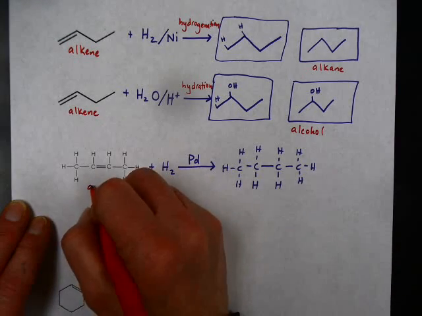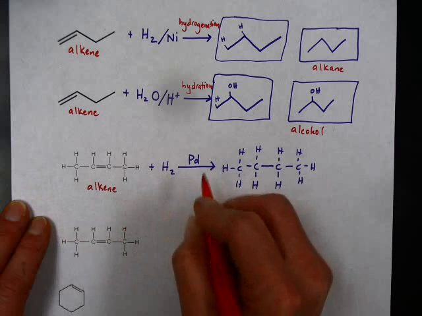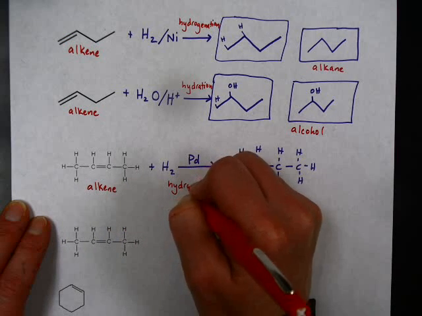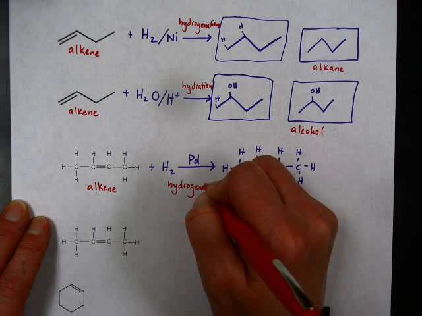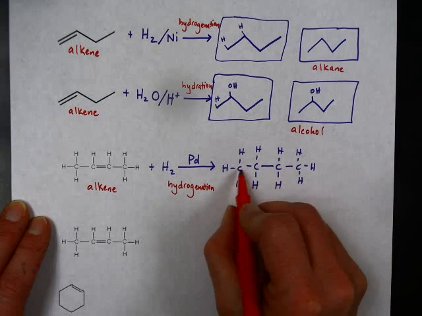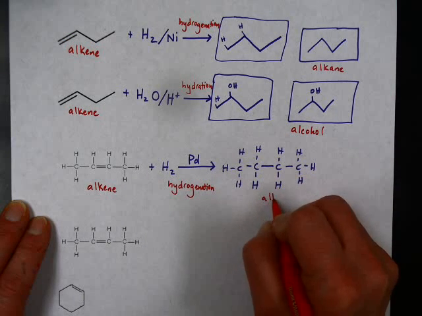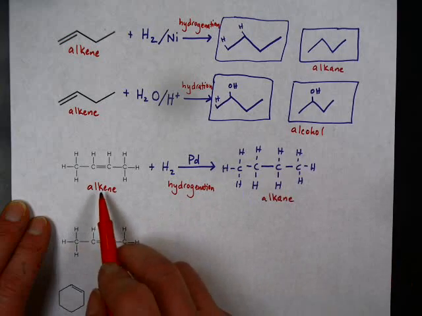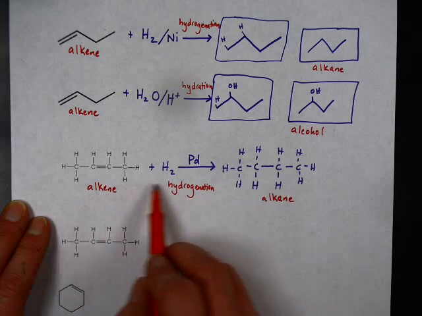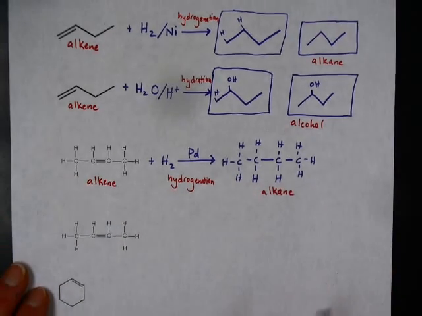So again, this was alkene. This is hydrogenation, and this is an alkane. When you hydrogenate an alkene, you produce alkane.